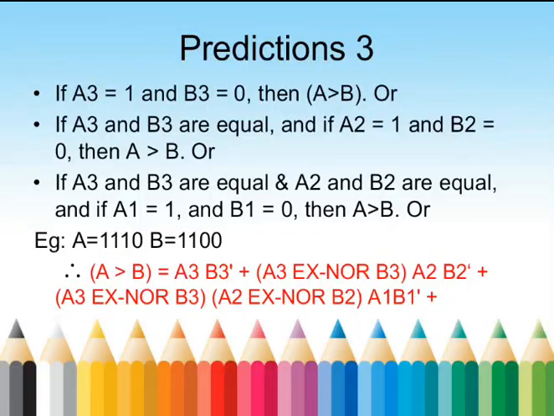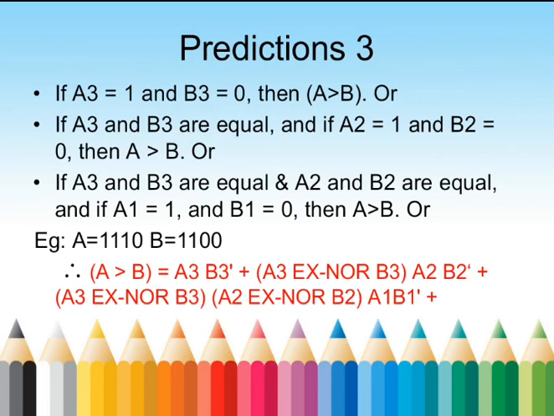Now for the third prediction, there is a chance that the A3 and B3 combinations are equal and the A2 and B2 combinations are equal. Then again we should check the next lower order bit, A1 and B1. If A1 is 1, B1 is 0, again it is A greater than B. From the given example, if A is 1110 and B is 1100, now checking the condition, A3 and B3 are equal, A2 and B2 are equal, but A1 is 1, B1 is 0.